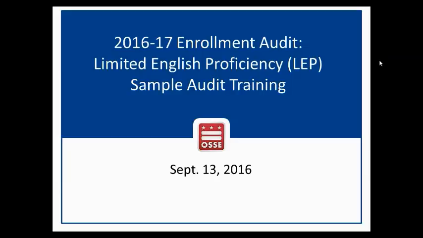They need to be enrolled in a DC public or public charter school, and students need to have, C and D rather, are about the criteria through which a student has difficulty reading, writing, speaking, and understanding English as measured by an OSSE-approved screener assessment.